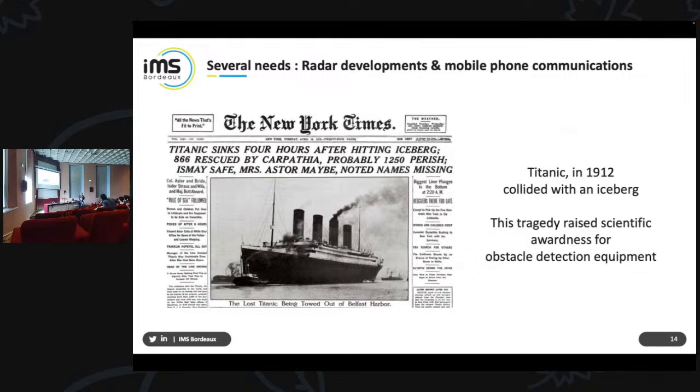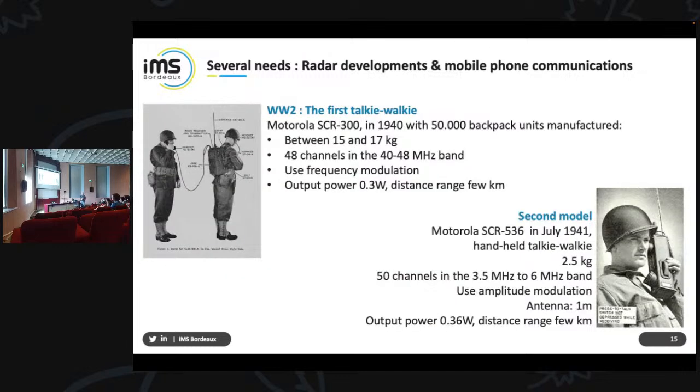Everything can be explained. As I said yesterday, every time I have information, I like the little story behind it. So we see that communication during wars is really important. I didn't know that during the Second World War is when the talkie-walkie came, the very first wireless communication. So I'm not going to detail all of it.